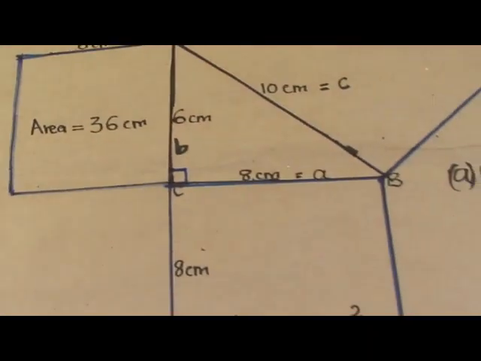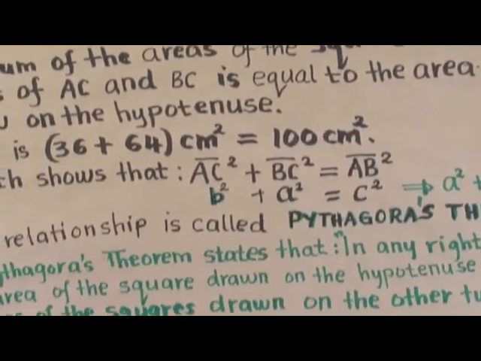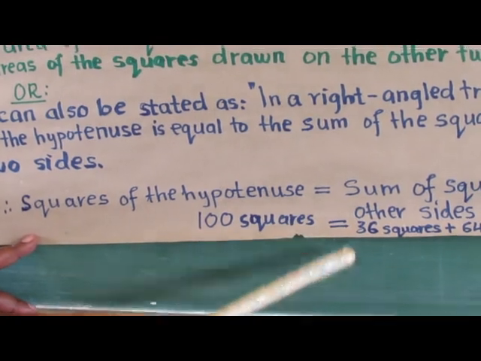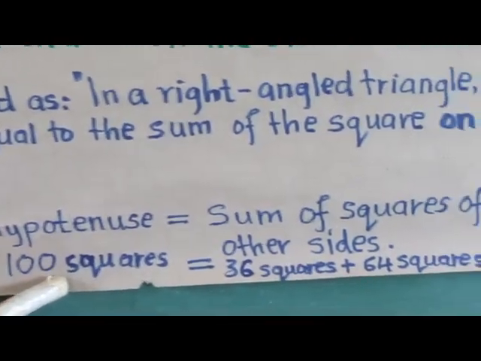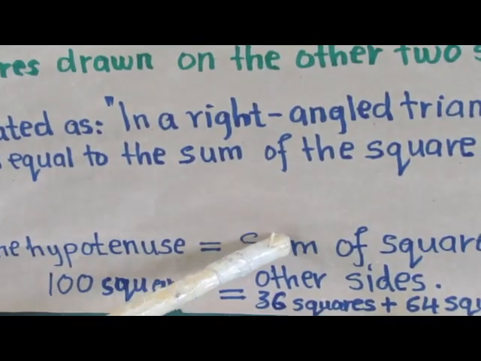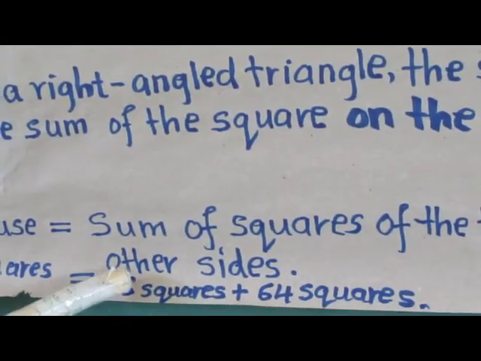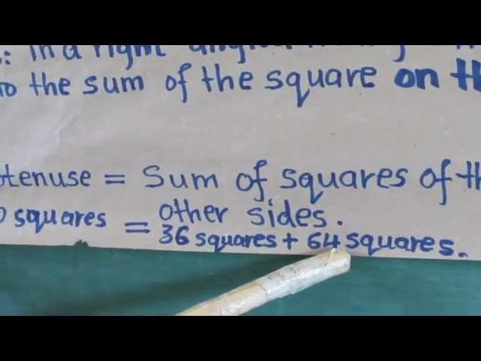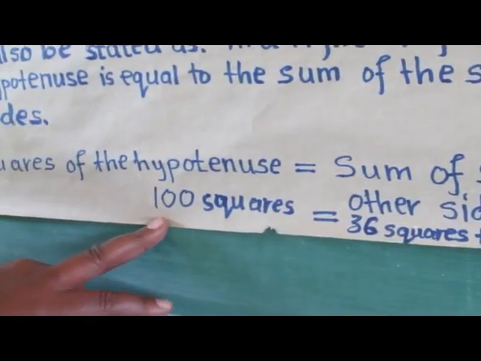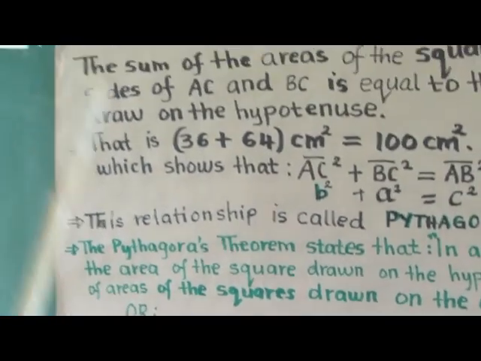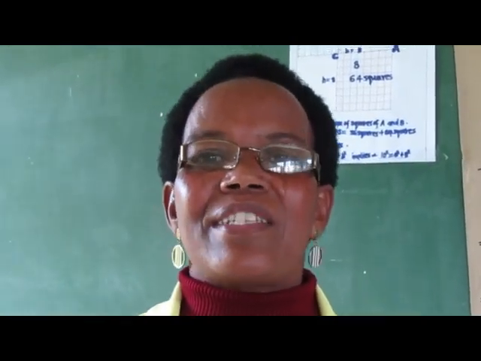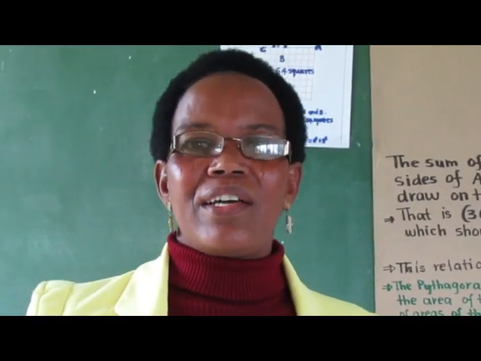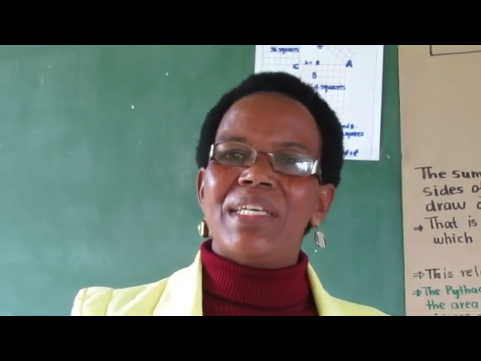Therefore, we can conclude that the square of the hypotenuse is equal to the sum of the squares of the two other sides. The square of the hypotenuse is 100 squares, and the sum of the squares on the other two sides is 36 squares plus 64 squares, which gives 100 squares. Students, we can now state the Pythagoras theorem as a squared plus b squared is equal to c squared. That is a mathematical theorem which can be proved and is true.